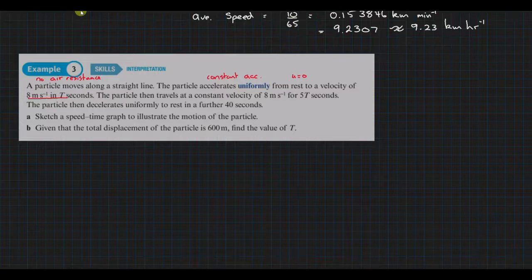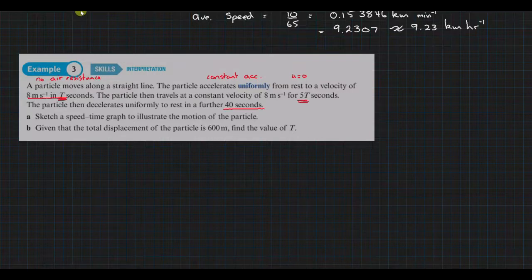Particle travels at constant velocity for 5 t seconds. We don't know how long, so this is a complex problem. And because of the way that this works, we can't easily do this with SUVAT equations. It's easiest to solve this problem if we draw a graph. The particle then accelerates uniformly to rest over a further 40 seconds.